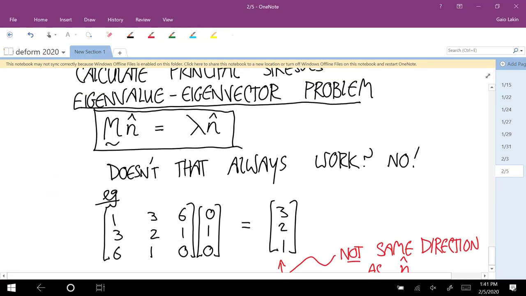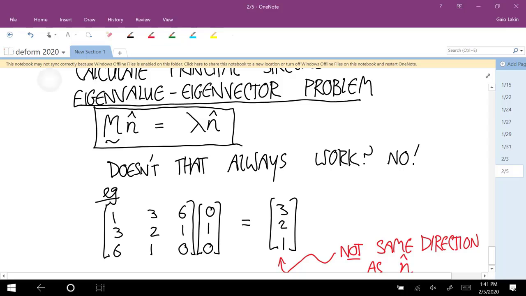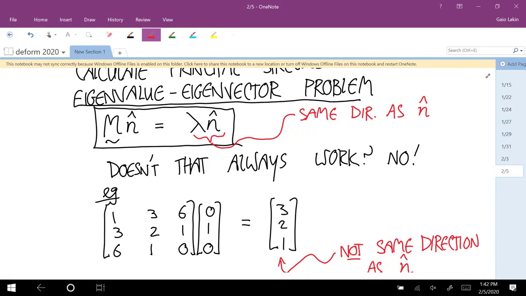But in this eigenvalue equation, the result is in the same direction as n. So that's what we're looking for: special cases where multiplying the matrix by a unit vector gives you a new vector that's in the same direction.